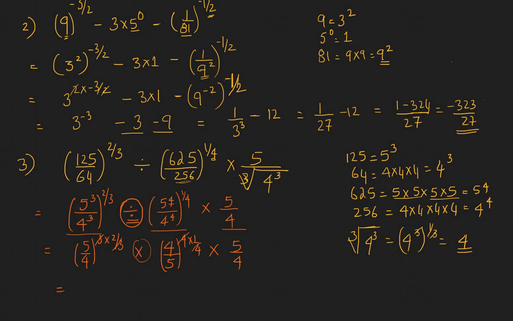You have 5 squared, 5 by 4 the whole squared, so let's say 5 by 4 into 5 by 4 into 4 by 5 into 5 by 4. There you go, all those get cancelled. That'll be 25 by 16, which would be the answer. So that was quite simple.